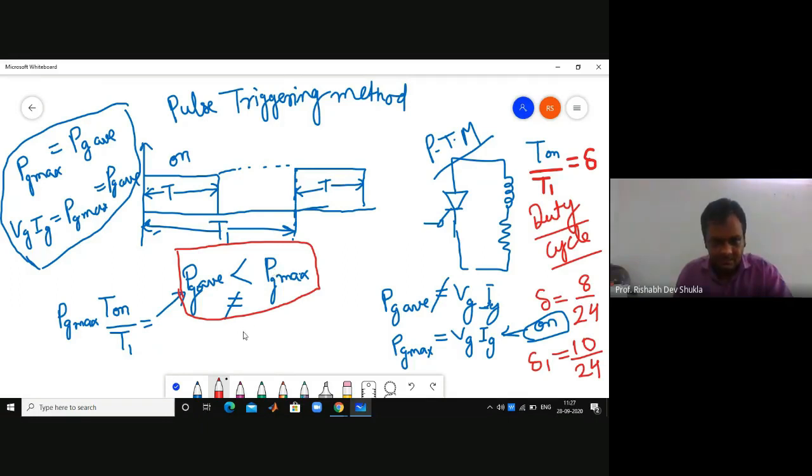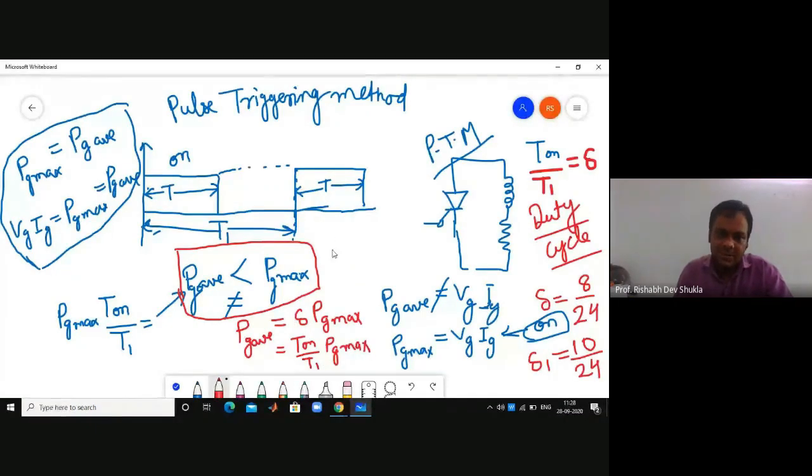Next, PG average is equal to duty cycle times PG max. Our duty cycle can also be written as T on upon T1, times PG max.